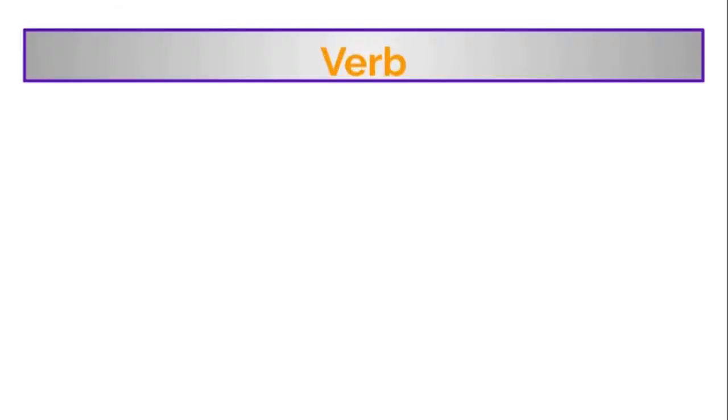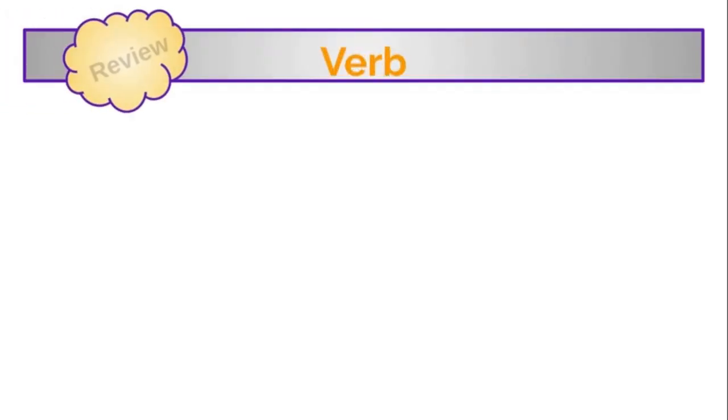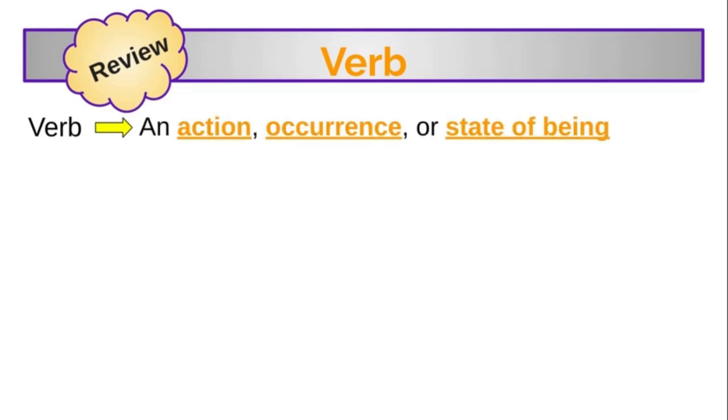Now, a quick review on verb and verb forms. Again, a verb is an action word, an occurrence, or a state of being. A state of being or to be verbs link, keyword link, the subject and additional information about the subject, not to be confused with a predicate.